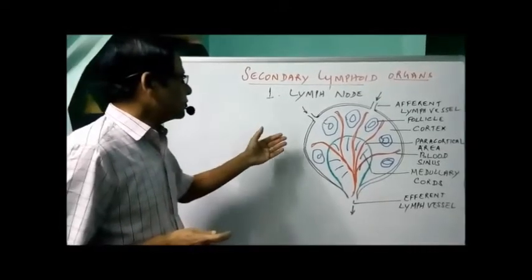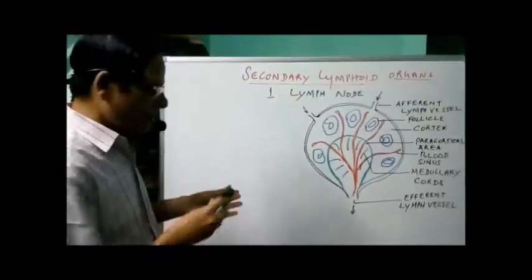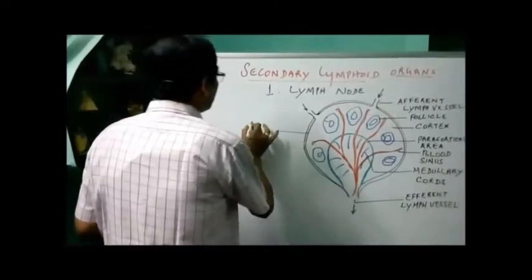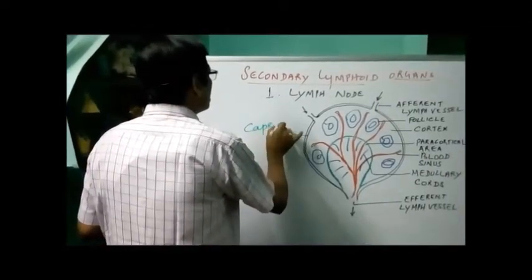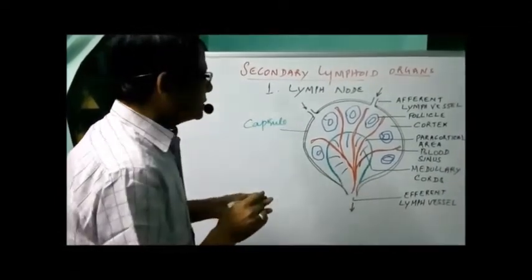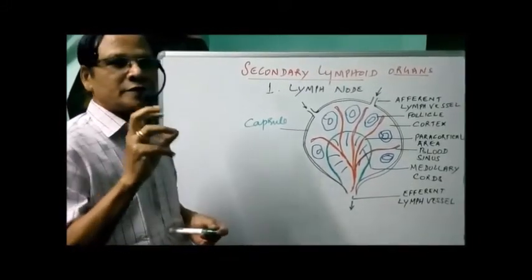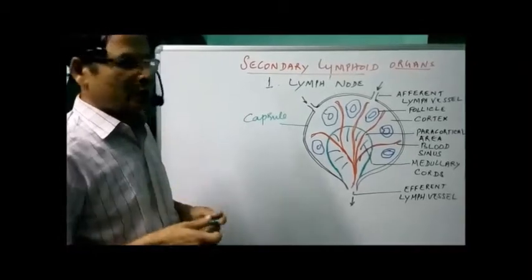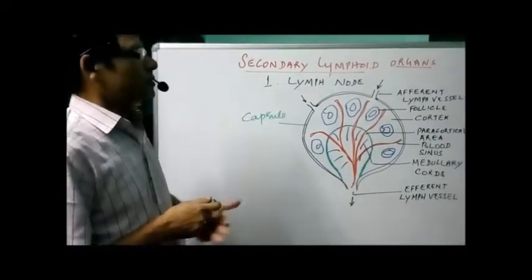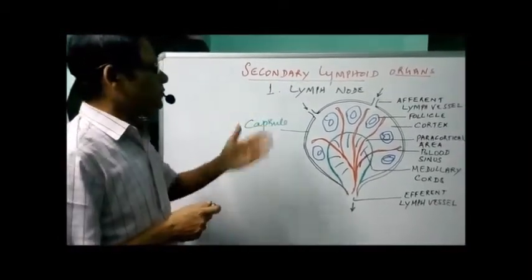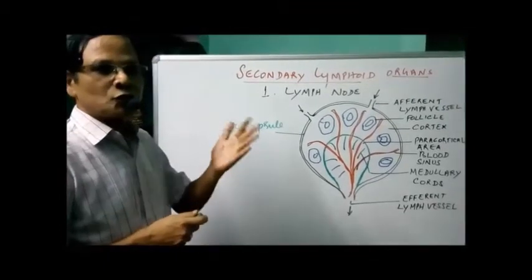Now each lymph node, if you make a section, has an outer capsule, which penetrates the lymph node in the form of septa or trabeculae, which divides the entire lymph node into three zones.